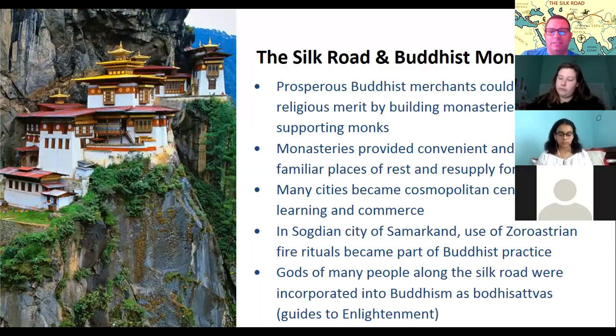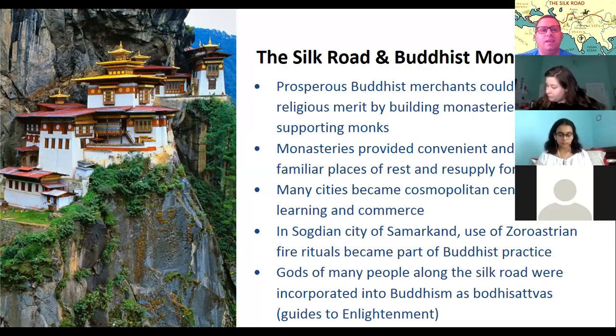Now, the Buddhist monasteries start to sprout up along the Silk Roads. If you were a Buddhist merchant, the way that you could advance within this religion is by paying the money to build a monastery and paying monks to live and work at that monastery.